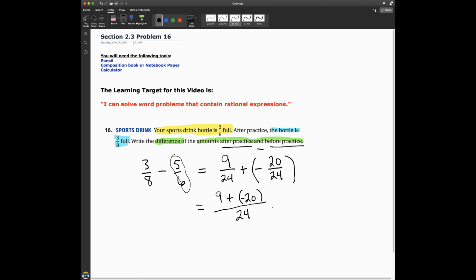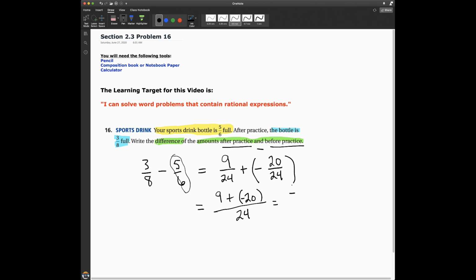So 9 plus negative 20. Different signs, subtract. Keep the sign of the bigger absolute value. So the bigger absolute value would be 20. That absolute value is bigger than the absolute value of 9, which is 9. So I'm going to keep the sign of that bigger number.